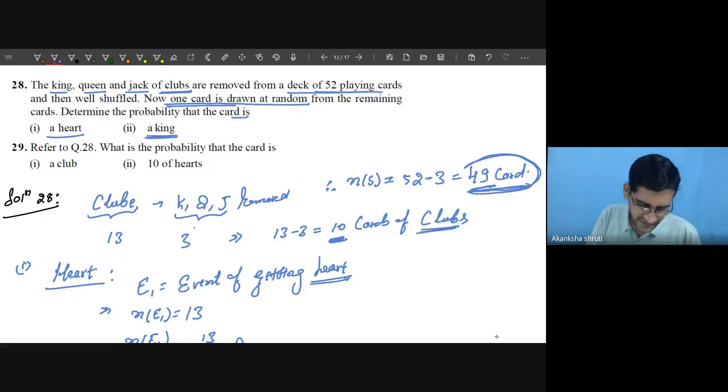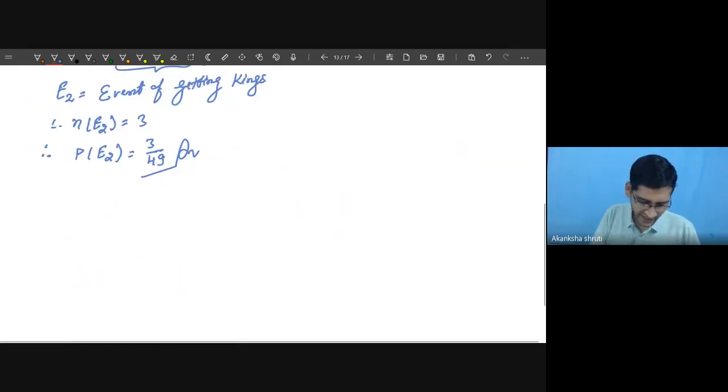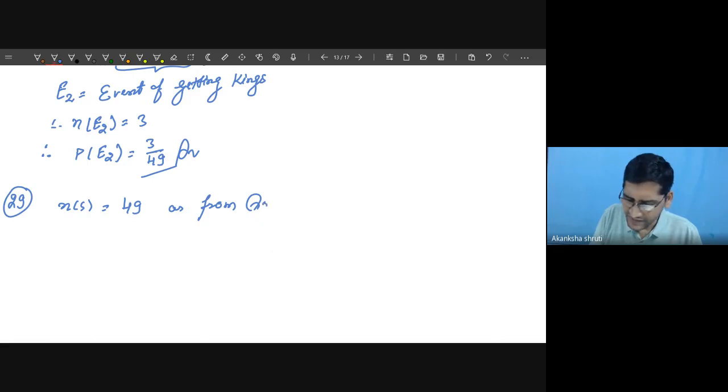Now, in the same one, in question number 29, the probability that the card is a club. See, in the 29, for the same sample space, so NS is the same 49 as from question number 29 we are carrying this.